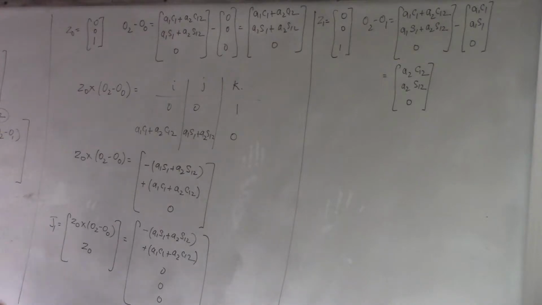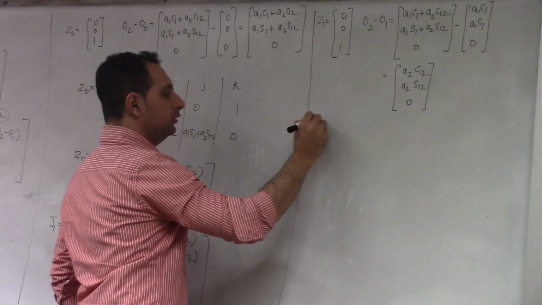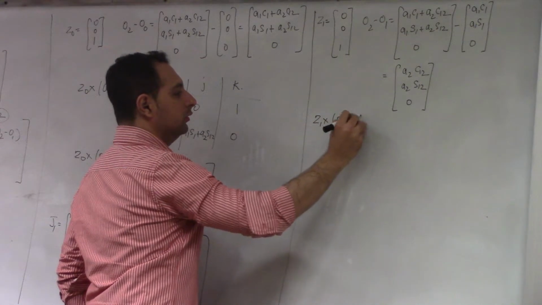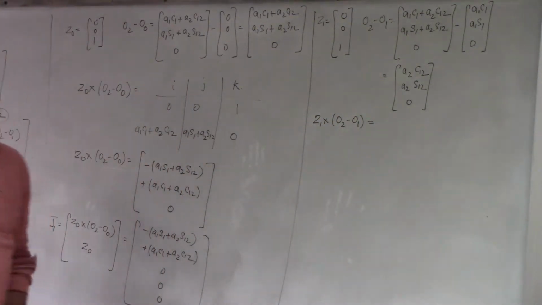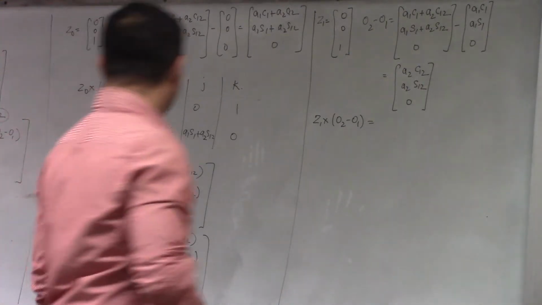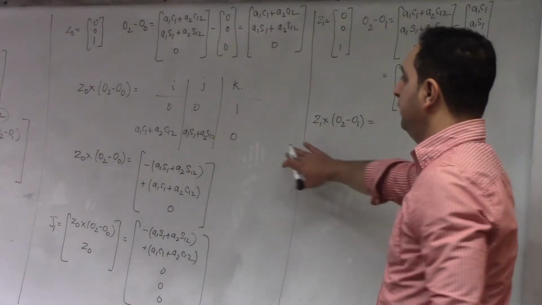Alright, so we need to do a cross product of these two, Z1 cross O2 minus O1. Set it up exactly like this here.